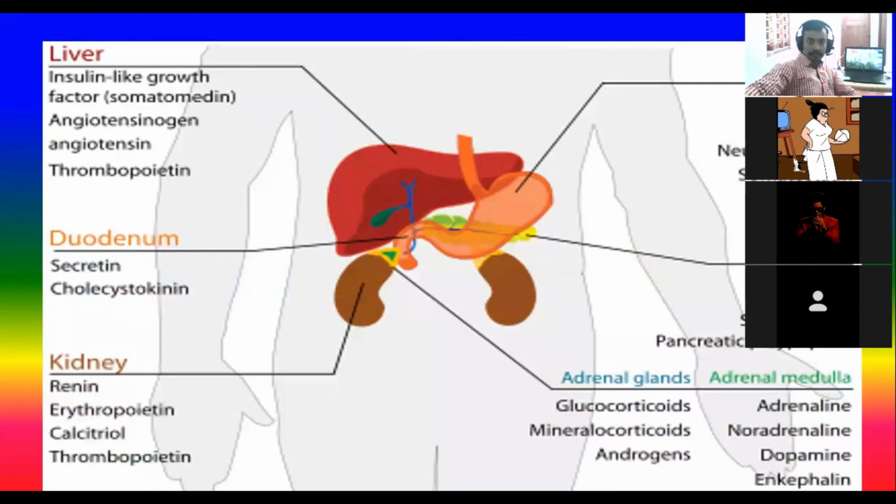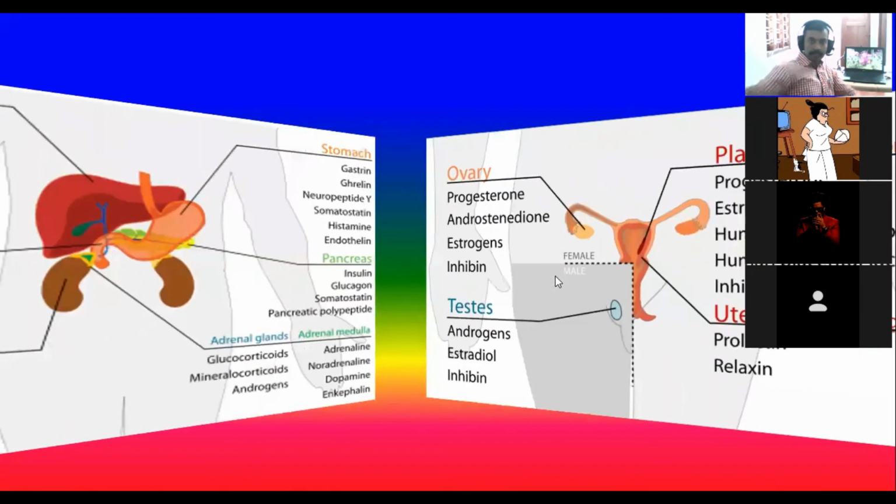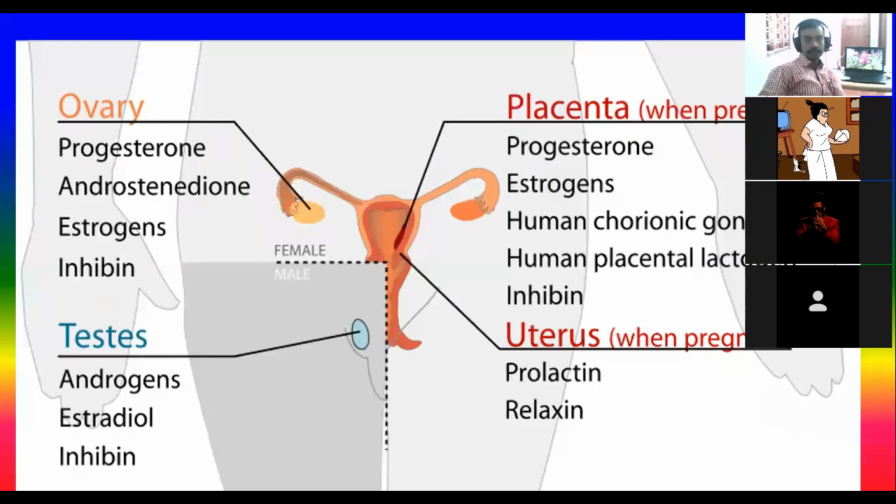So look at this liver, duodenum. This is the gallbladder, green in color. Then duodenum, kidney, on top of the kidney the adrenal gland, pancreas. Then stomach, which secretes enzymes, then ovaries.